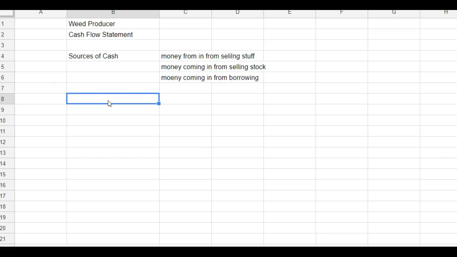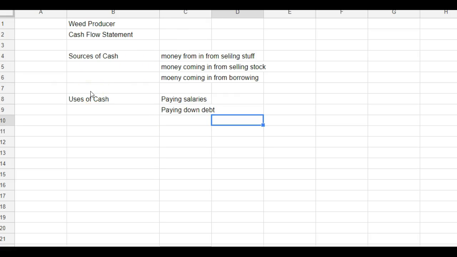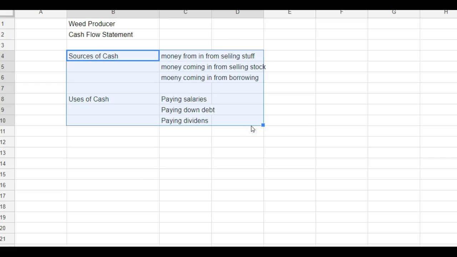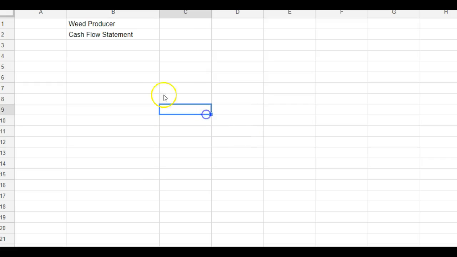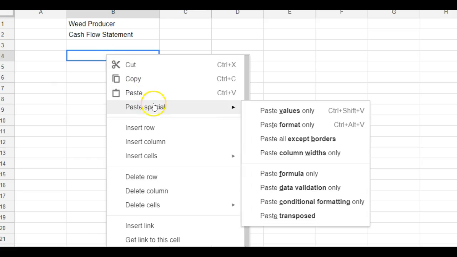And then uses of cash: paying salaries, paying down debt, paying dividends. Anyway, there's two ways to do cash flow. I prefer the first way. Why? I don't know. I just do.